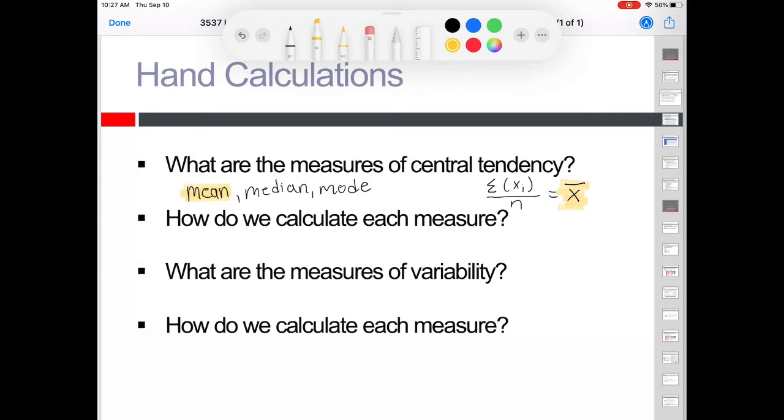Our median is not influenced by extreme scores, since we're just picking the middle number, while our mean is influenced by extreme scores, even though it's considered the true average and is most reliable and accurate.